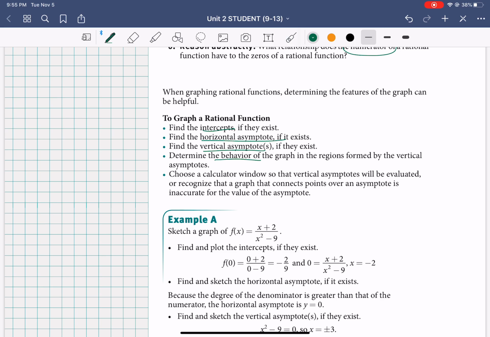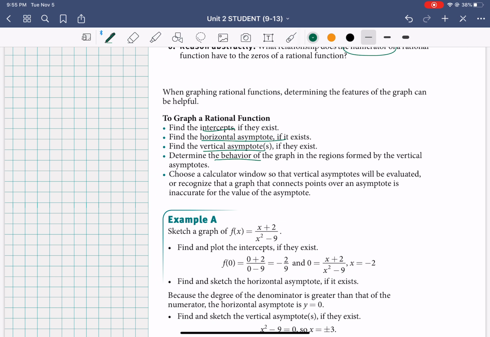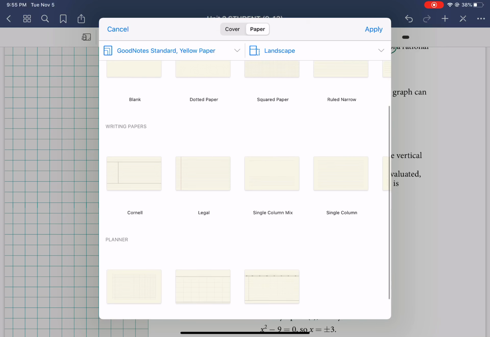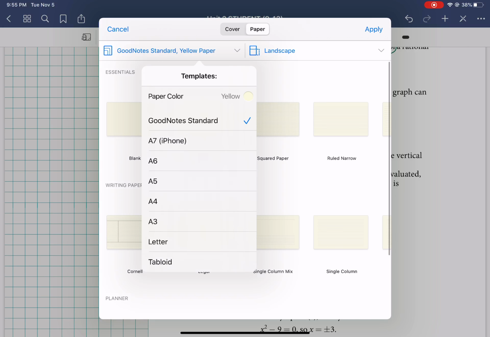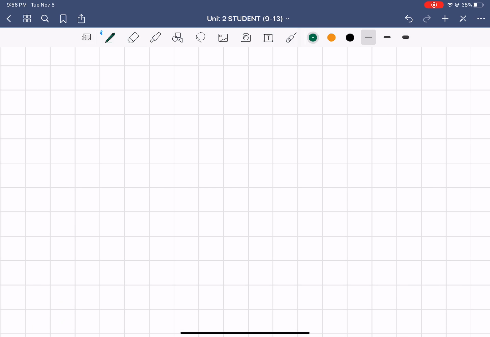So let's, at this point, make a new page. There we go. Ooh, that's huge.